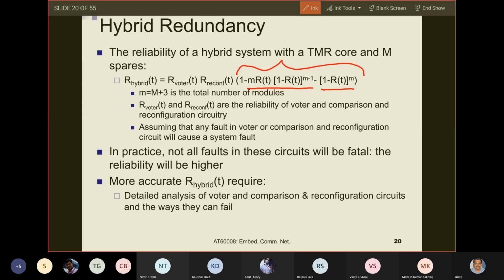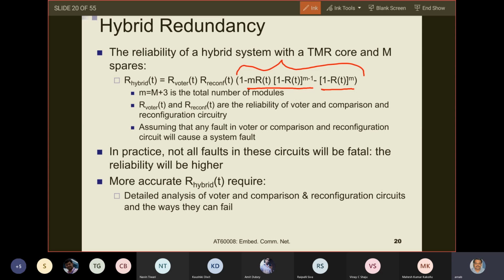Exactly, m minus 1 are failing. So the difference will give me exactly one module is working correctly. Yes, m into RT, one module is working correctly and m minus 1 are not working correctly. That is m into RT into 1 minus RT to the power m minus 1. That is one module is working correctly and m minus 1 are not working correctly.